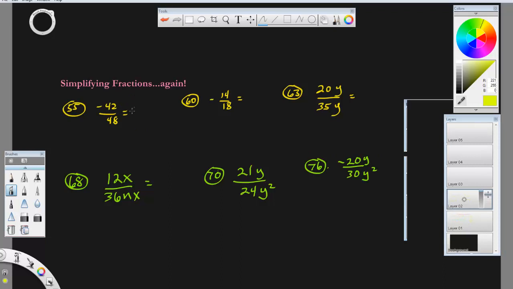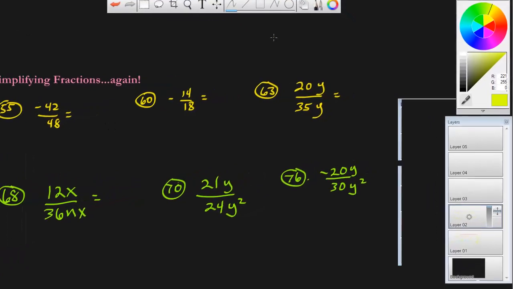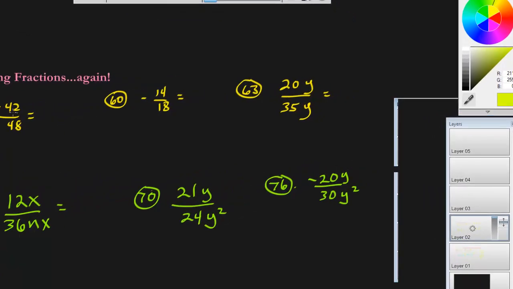We're going to simplify some fractions again. We're just reducing fractions here. So now we're going to divide the top and bottom by a certain number. The common factor that goes into 42 and 48 would be 6. So I'm going to divide by 6 and divide by 6. Look at it again. Same thing. 6/6 is 1.